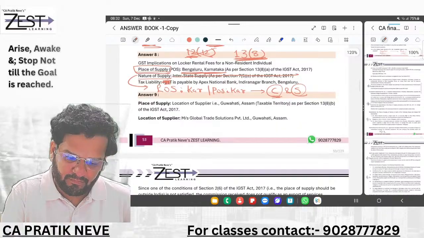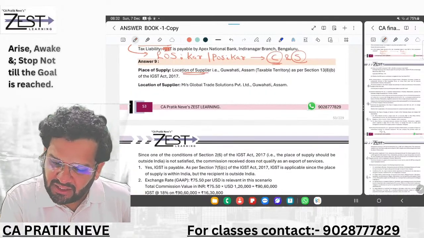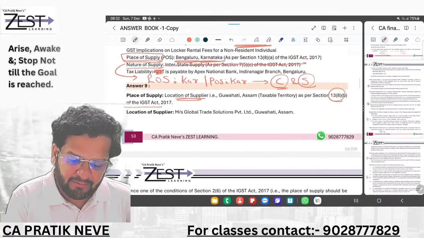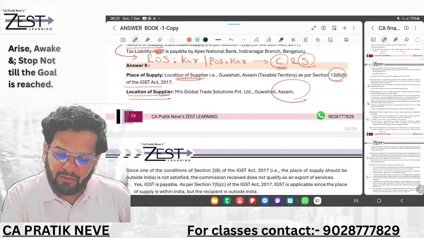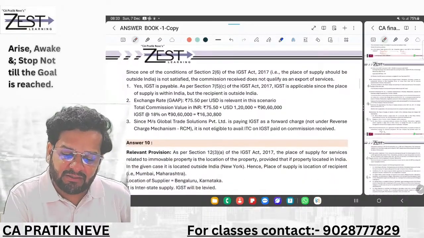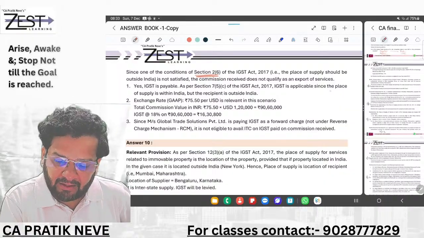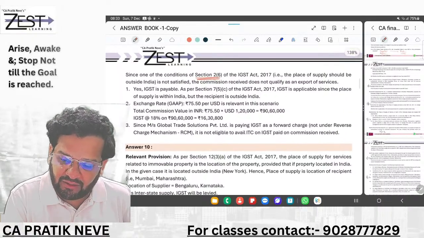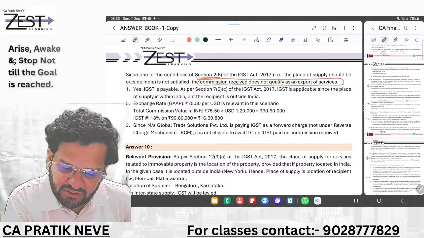POS is location of supplier as we discussed, as per 13(8) of IGST Act. Location of supplier is Assam, and even place of supply is Assam. Since one of the conditions of section 2(6) of the IGST Act, that the place of supply should be outside India, is not satisfied, the commission is not export of service.